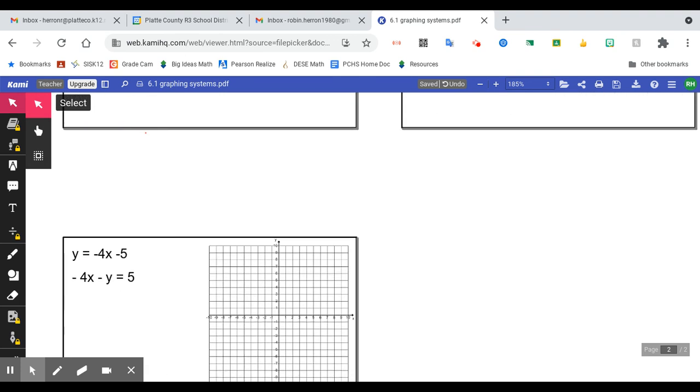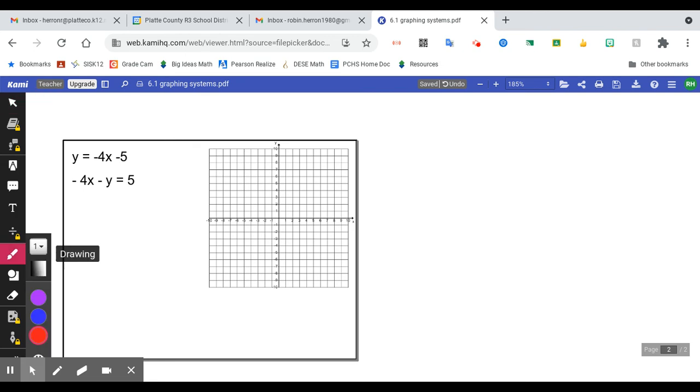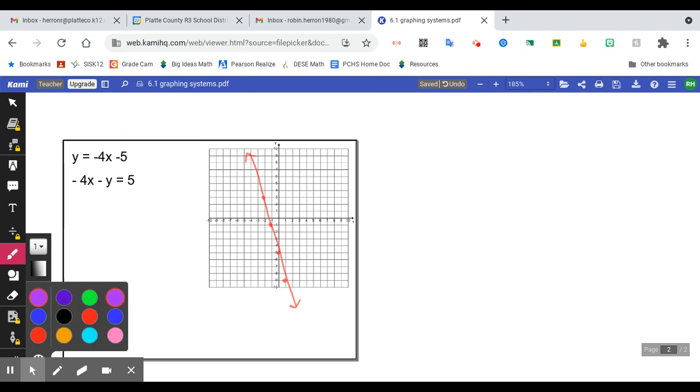Okay. Last one. -4x minus 5 means I start down here at -5. Down 4 over 1. So I'm going to go the other way. 1, 2, 3, 4 left 1. Okay, here's my line. And then my second one needs to be moved.